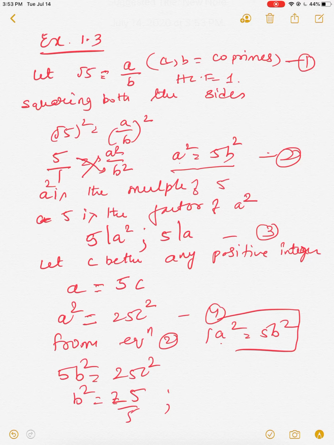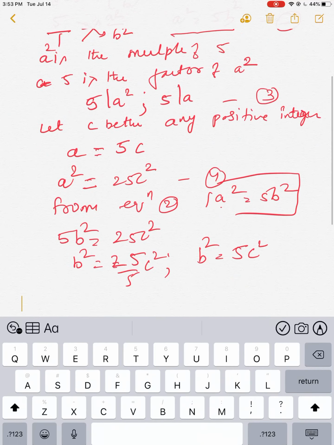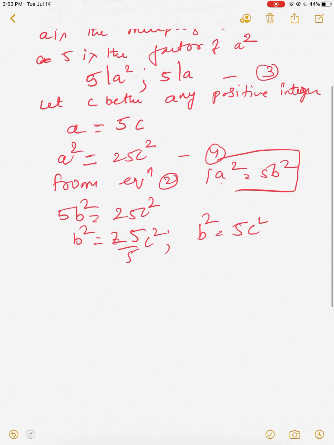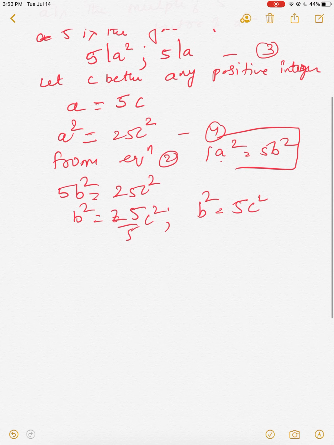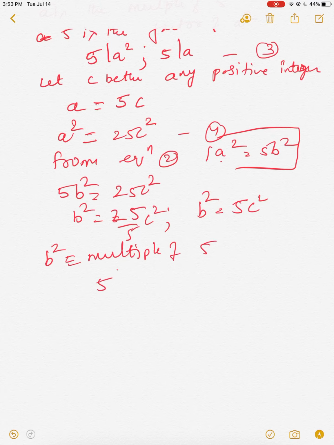Therefore b square is equal to 5C square. That means b square is a multiple of 5, that means 5 is a factor of b square, 5 is a factor of b. This is equation 5.